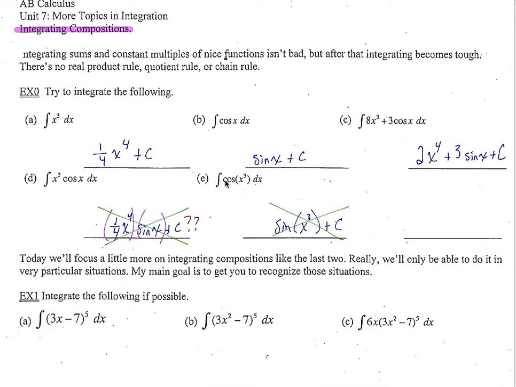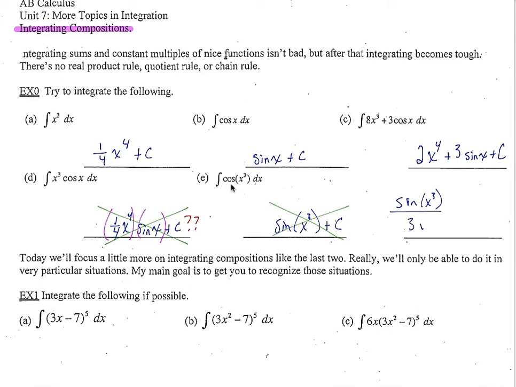But perhaps if we were to take attempt number 2 here, the sine of x cubed, we'll start with that, and we know that when we take the derivative of this, we're going to end up with 3x squared, but we don't want a 3x squared here, so perhaps we could take all of this and divide it by 3x squared, and then we would just throw on our plus c.